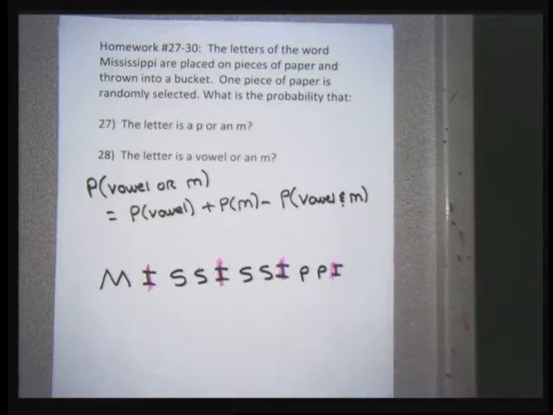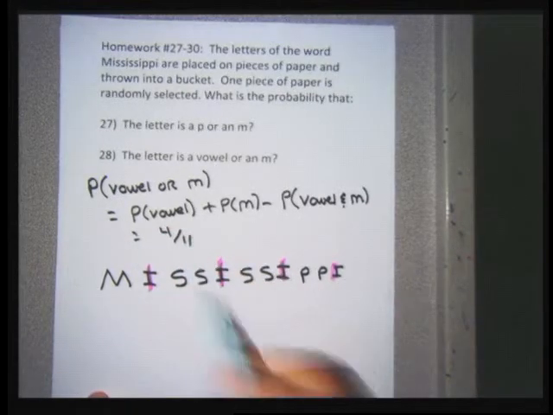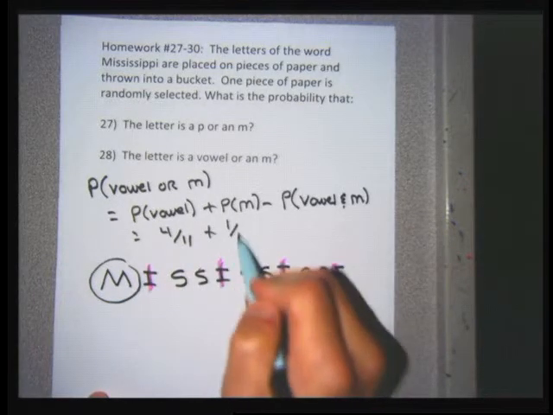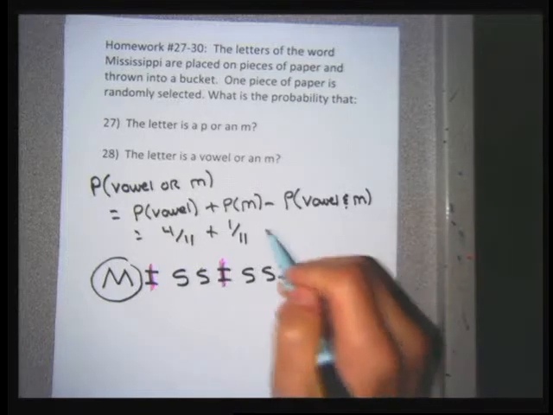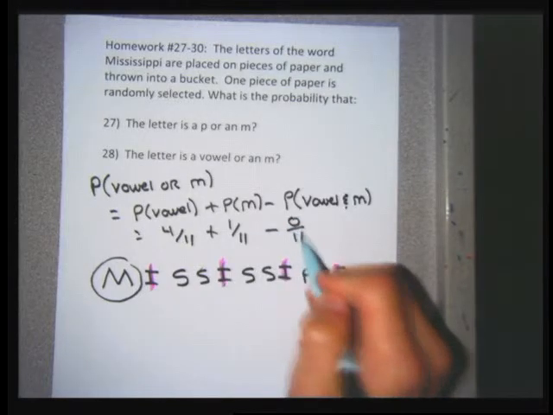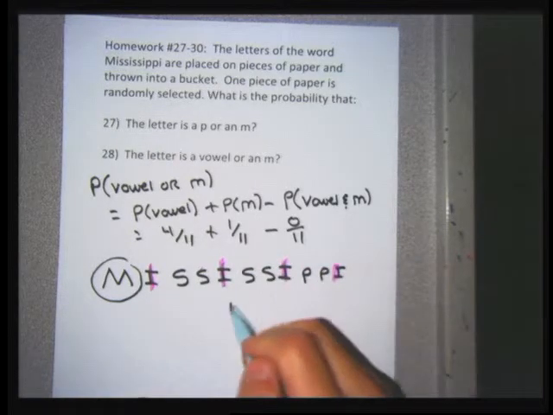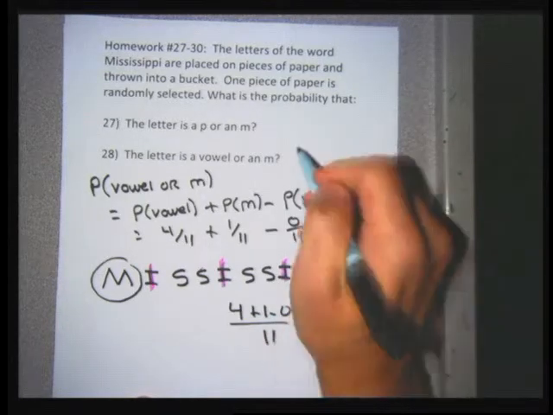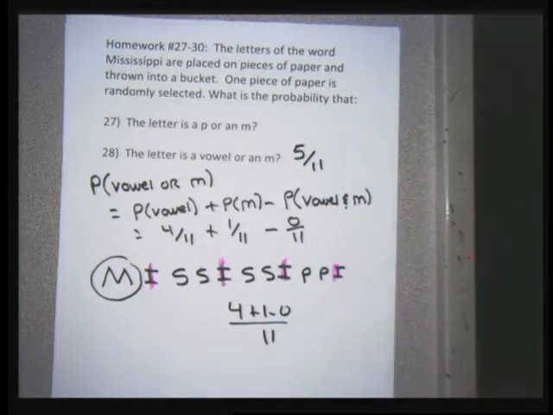So the probability of getting a vowel is going to be 4 in 11. The probability of getting an M is 1 in 11 because there's only one M. And the probability of getting a vowel and an M is 0 over 11 because there's no overlap between these two, vowels and M's. So this is going to be 4 plus 1 minus 0 over 11. And my answer to 28 is going to be 5 over 11.